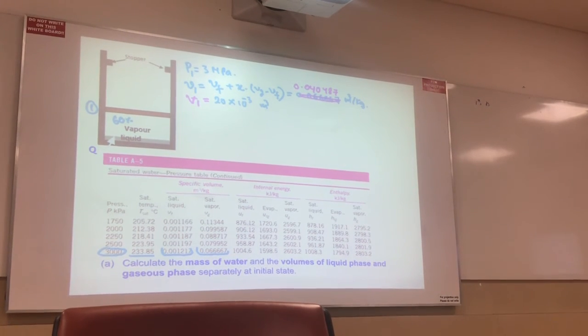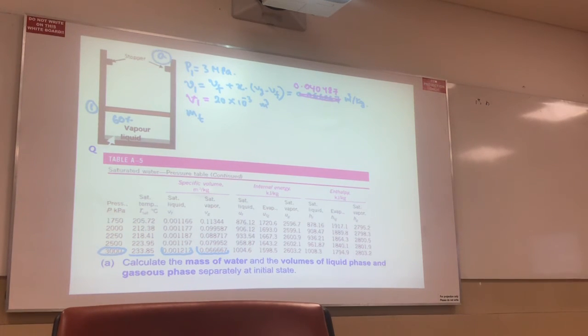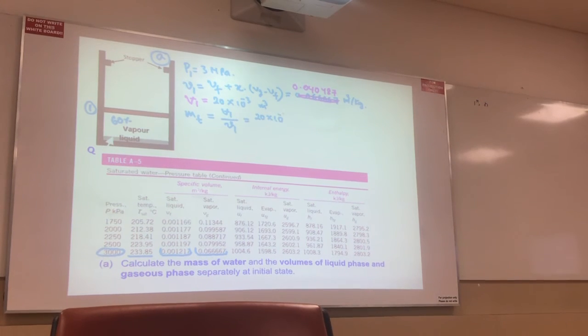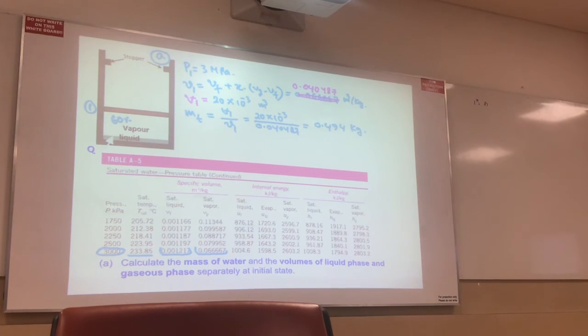They tell you the mass of water, this is question A. Mass becomes V1 divided by specific volume v1. 20 times 10 power minus 3 divided by 0.040487. Then I find total mass is 0.494 kilograms. This is the answer.